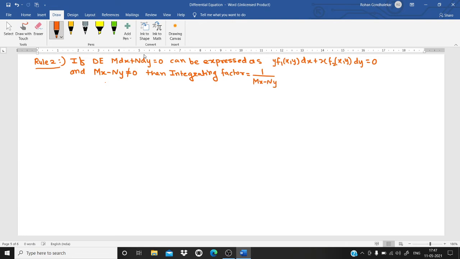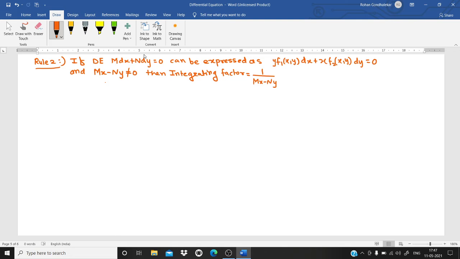Okay. Now what is the condition in the rule? See, the given differential equation which is reducible to exact should be written in the form of m dx plus n dy. Fine. But further, this m dx plus n dy can be represented as y into f1 of xy dx. What it means?